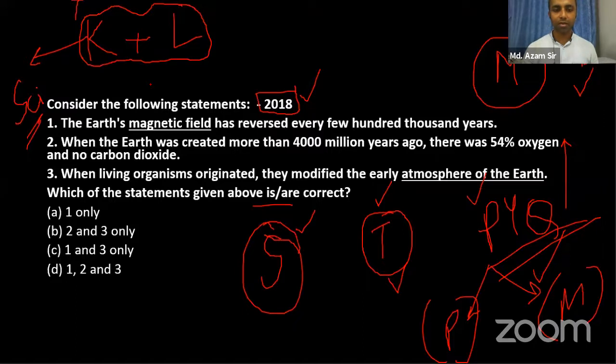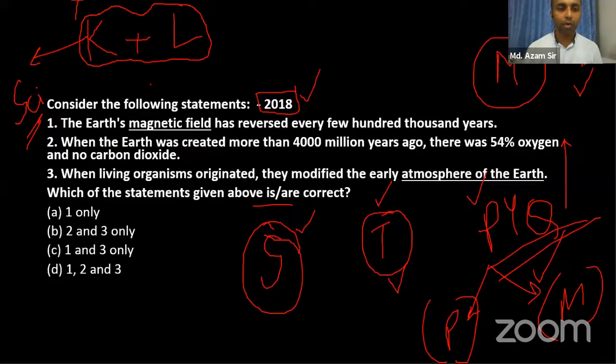Please try to attempt either A, B, C, or D. And Miss Vishnu Priya, you have written 2 and 3 only. Please write either A, B, C, or D, because in the prelims you are not supposed to write anything. You just have to mark or encircle A, B, C, or D. OMR sheets will be given, and you are supposed to do that.